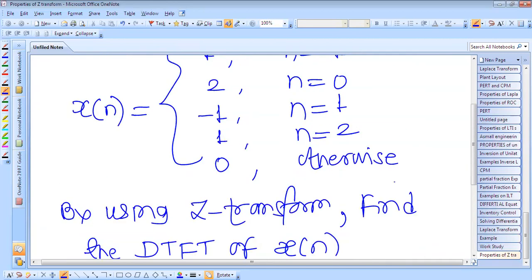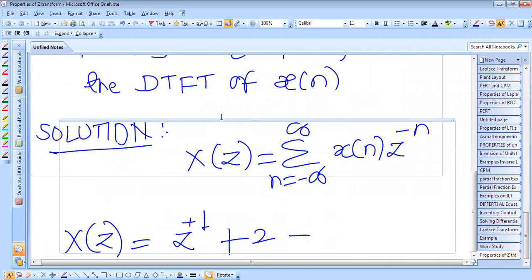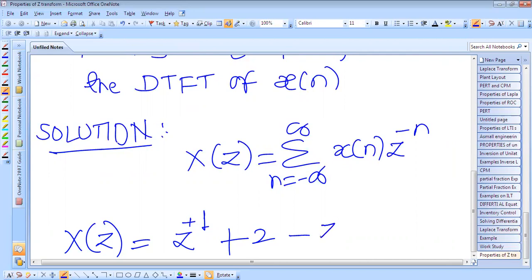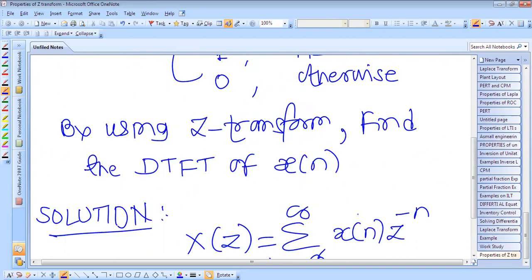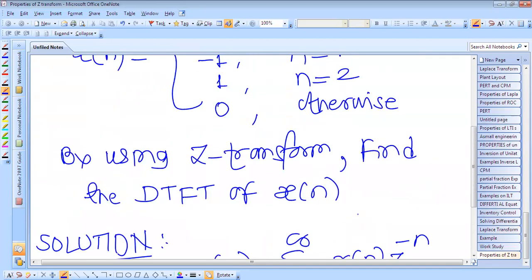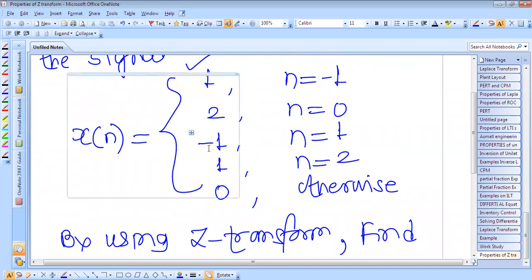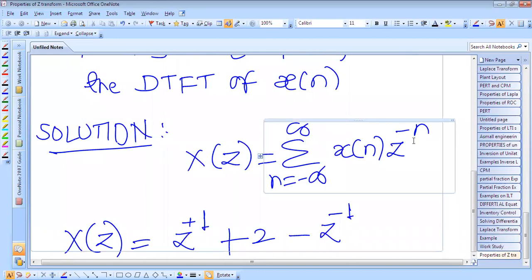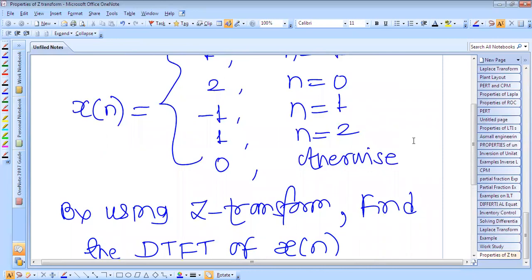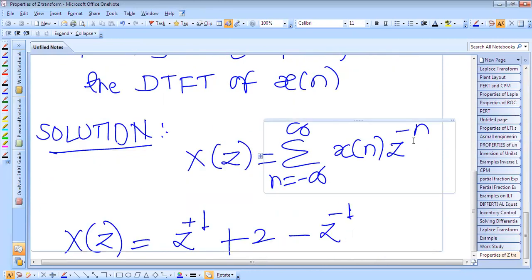Therefore, it is minus z raised to power -1.